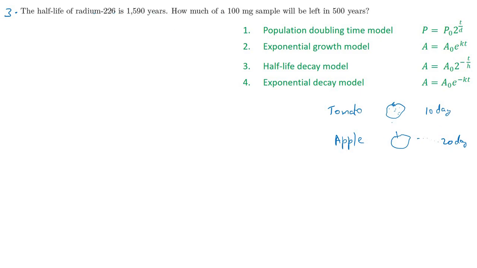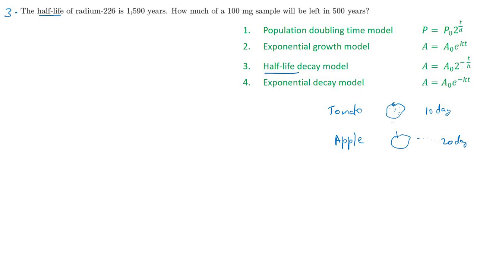See here, the radium material, it takes 1590 years to become half. Okay, so which model? Something your mind should tell. See the word half-life. You are having only one place half-life. Here it is. This is the model, no doubt. Now what are all the other things given? How much of a 100 mg sample will be left in 500 years? That means today we are having 100 mg.